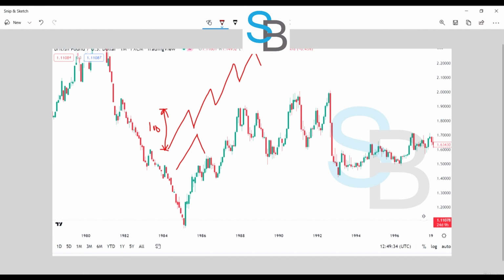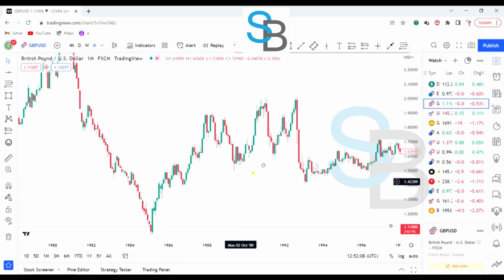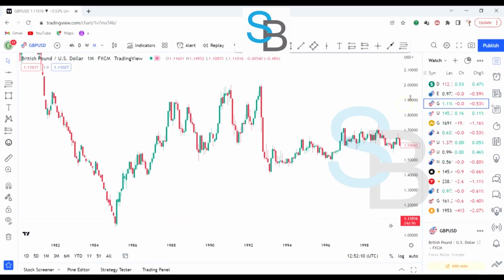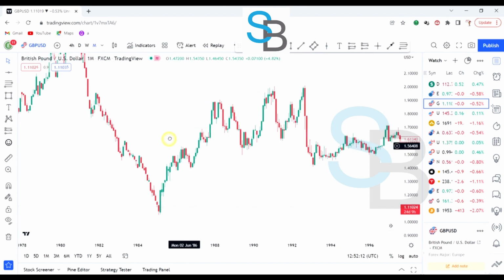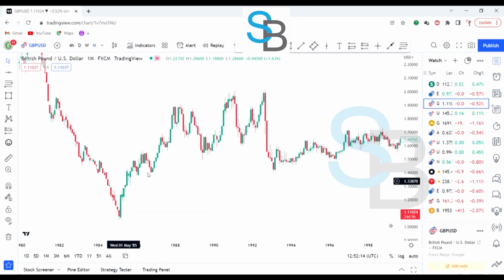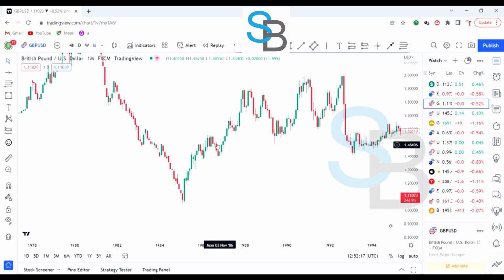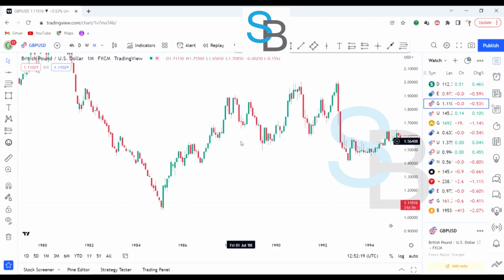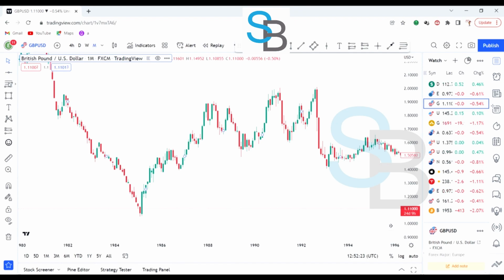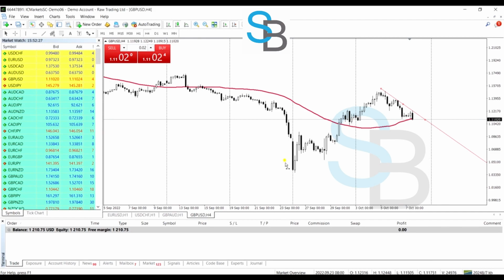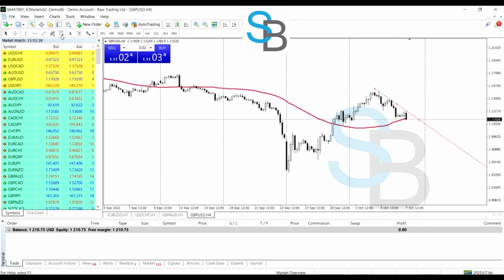So let's look at how to use this tool. In order to use this tool, you need to identify a trend that is happening, and let's just use this place as an example. So just take the tool. This tool can also be found in your MT4 trading platform. This is the Fibonacci retracement tool.